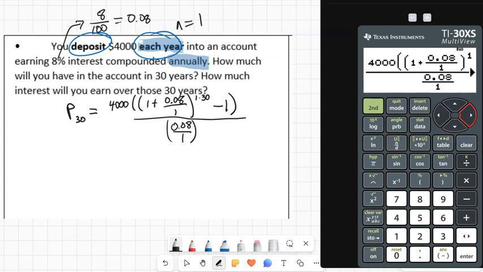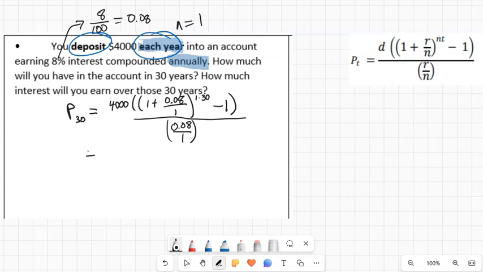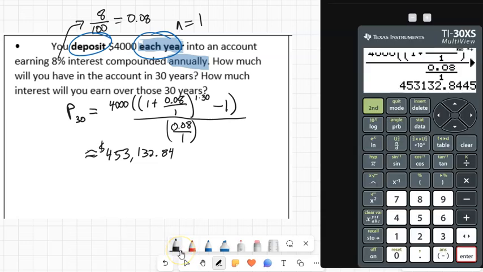Now, the over 1 doesn't change anything, but I just wanted to demonstrate this formula looking exactly like we have written down. We hit enter, and we get approximately, because we're going to round to the nearest penny, $453,132.84. So that's how much will be in the account in 30 years.